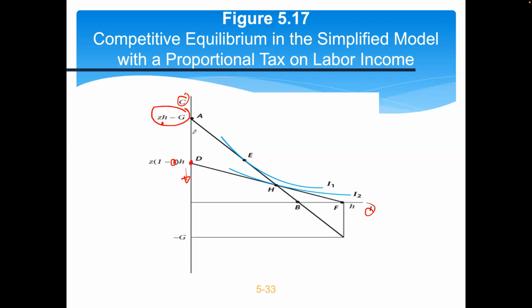And not only does the entire thing go down, the curve becomes flatter. Why does it become flatter? It's just because the effective wage is going to decrease. Now clearly you can see the equilibrium is going to change from E to H.